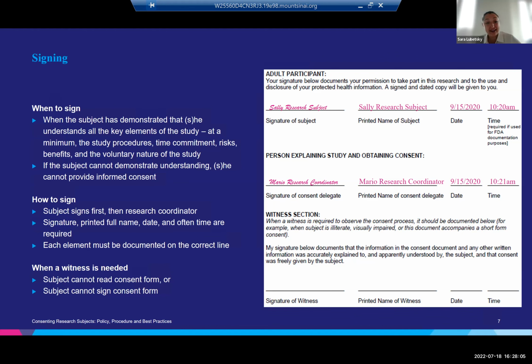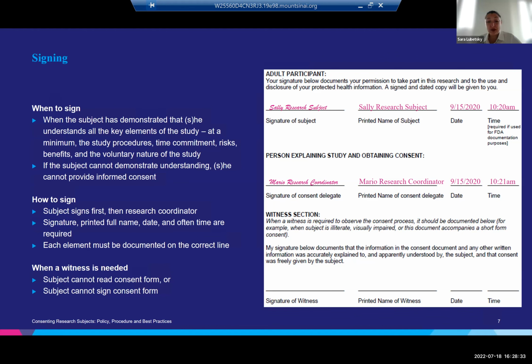So again, the subject will sign first, the research coordinator will sign second, and there are some situations where a witness may be needed. So I think the less common ones that we run into on a daily basis are that the subject can't read or sign the consent form.